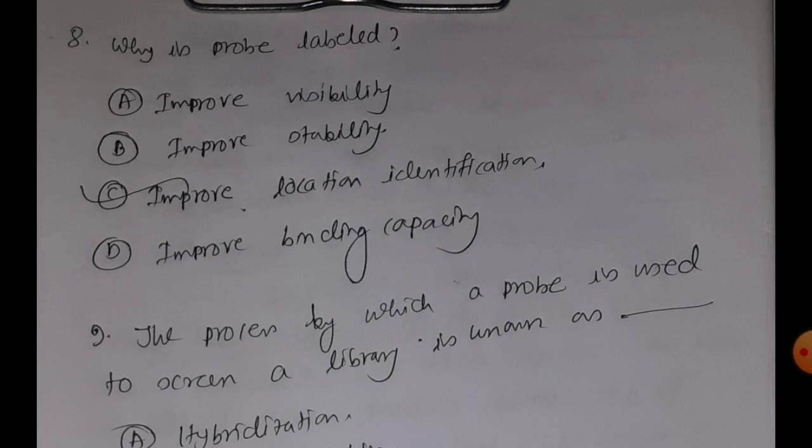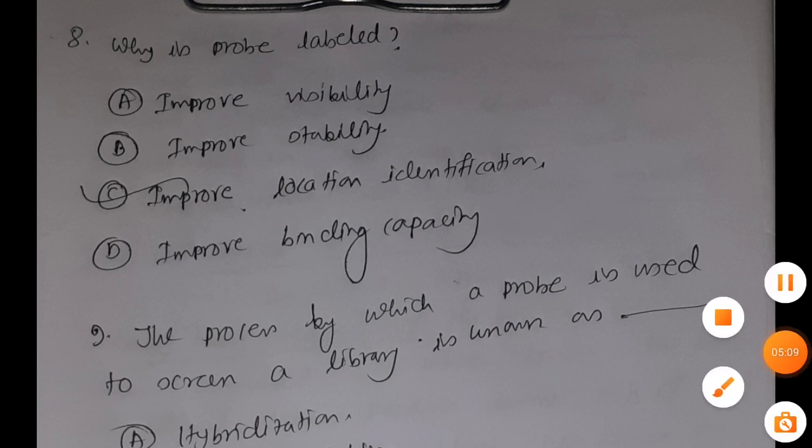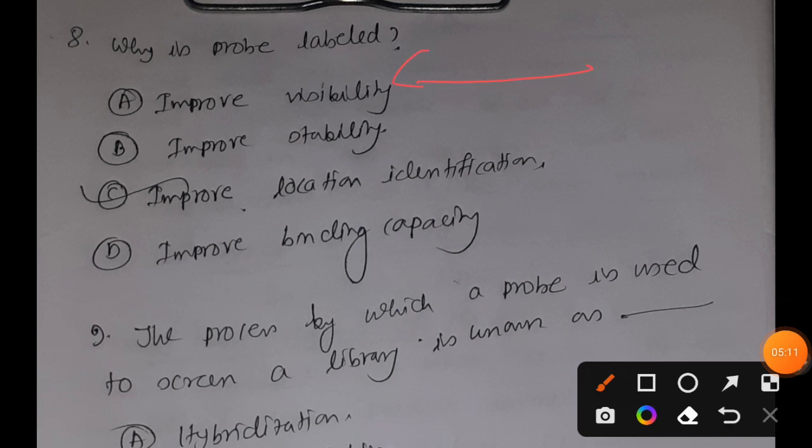Now, why is a probe labeled? Remember that you may find some confusion between option A and C, but let me clear it up. We are also using a radioisotope, which you cannot see unless you are using an autoradiogram, okay, and without the help of a probe you cannot see any kind of DNA.